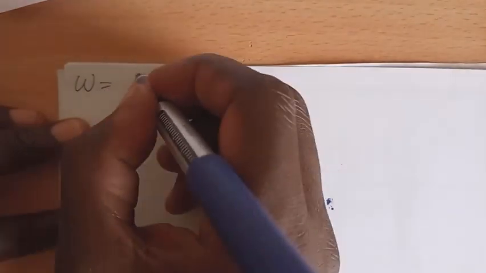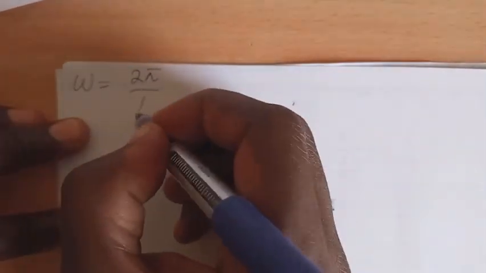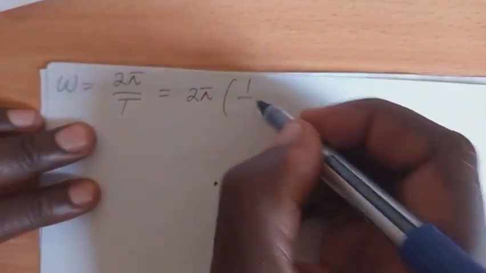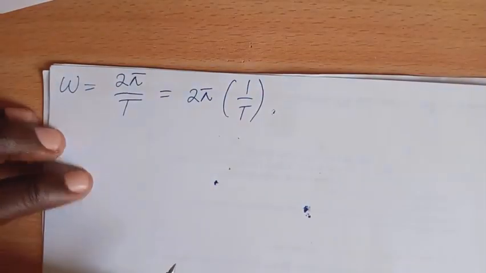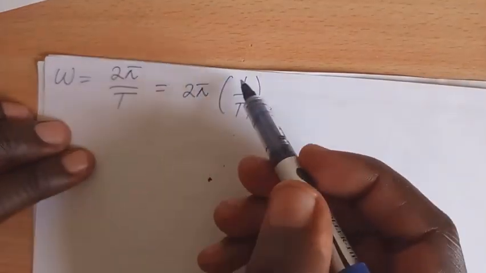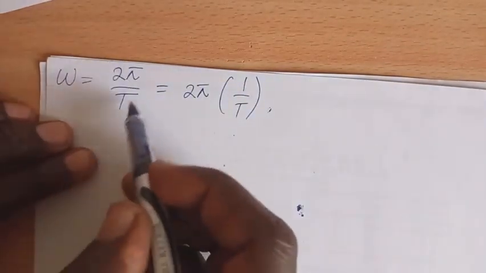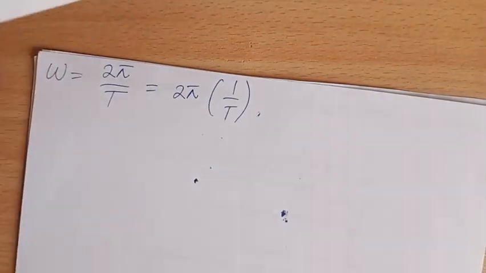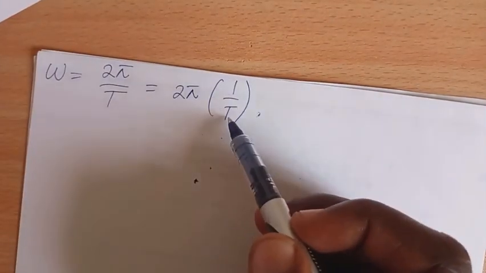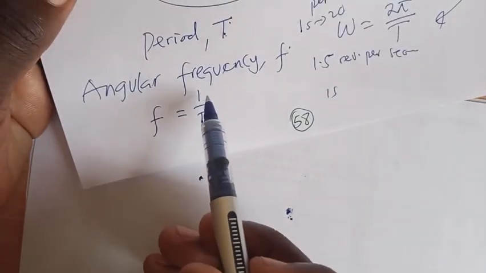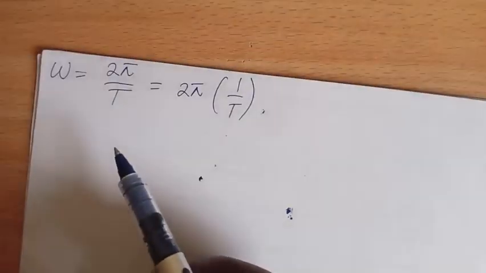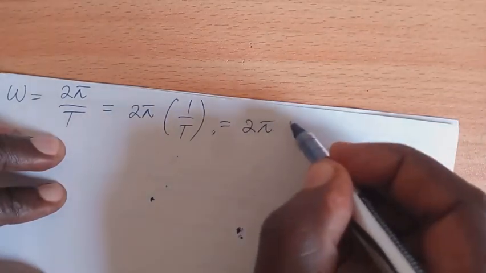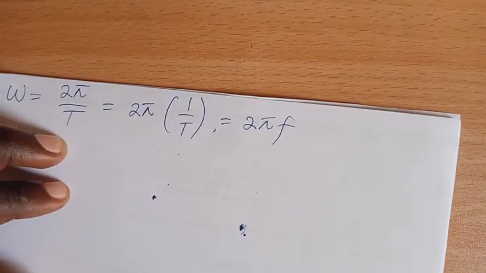Our omega is 2 pi upon T. I can say this is 2 pi into 1 upon T. I just transformed it; 2 pi times 1 upon T gives this back. But the significance of this bracket is that it has 1 upon T, and this formula tells me that 1 upon T is f. So instead of 1 upon T, I can say 2 pi f. You see that? 2 pi f.